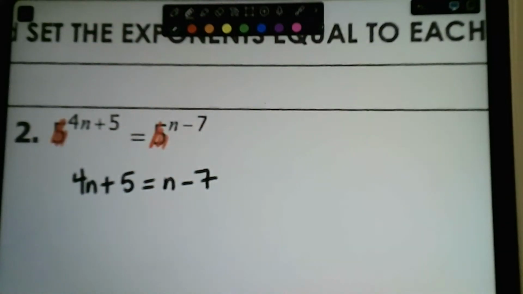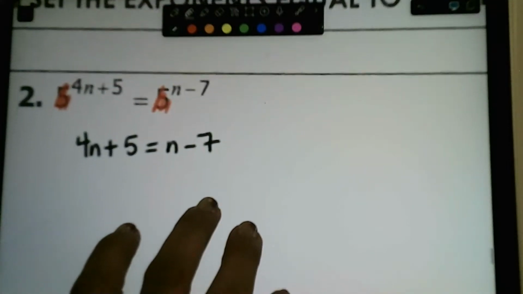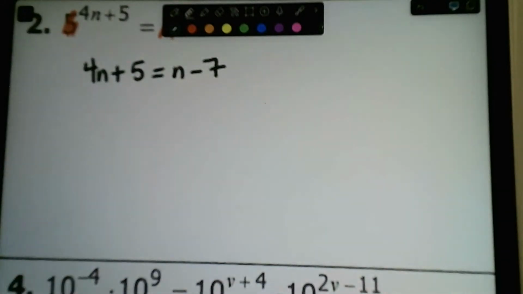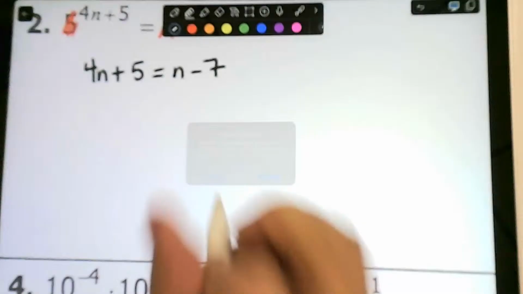And that's the equation to solve for n. This one I know everyone can solve. Very Algebra 1. Things get weird when you look at, say, question number 4. Oh, dear God. Okay.